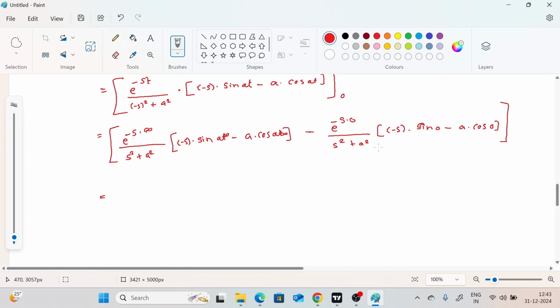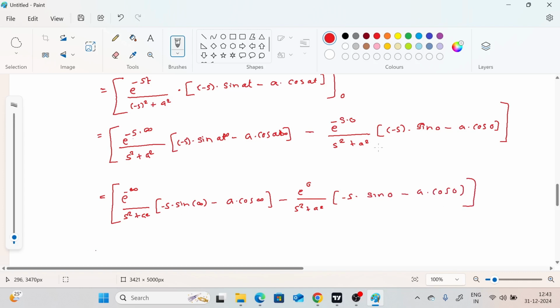E raised to minus s into infinity: anything into infinity will be infinity, so e raised to minus infinity is 0. We have 1 upon s square plus a square into minus s sin infinity minus a cos infinity, minus the term at 0.